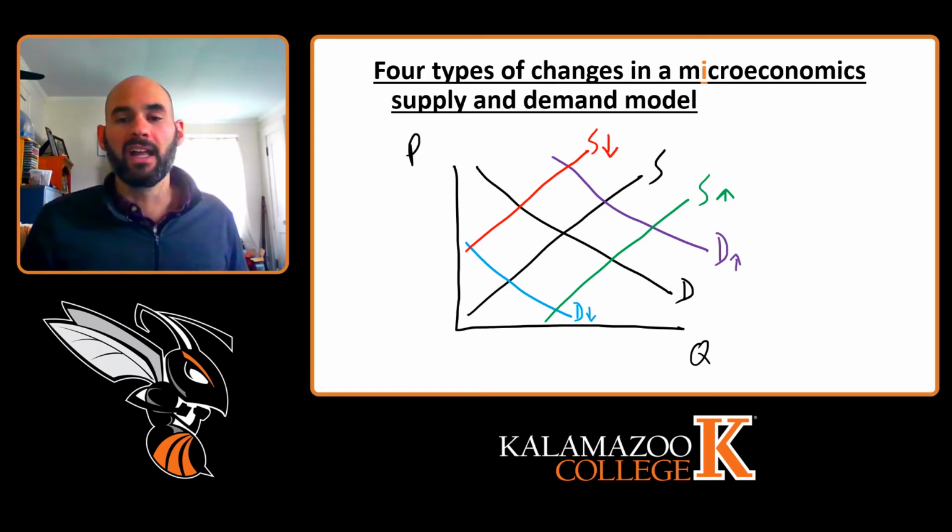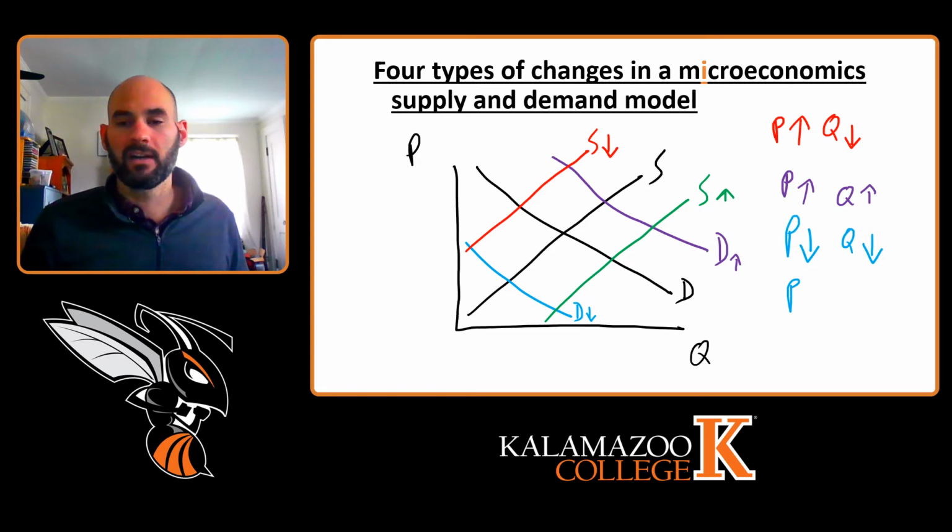Based on those types of changes, we can either see price increase and quantity decrease, price increase and quantity increase, price decrease and quantity decrease, or price decrease and quantity increase.